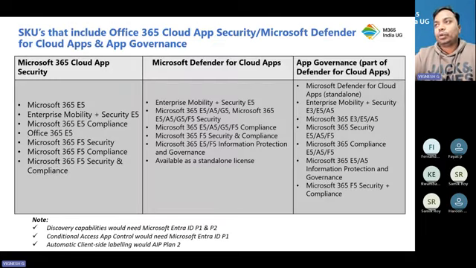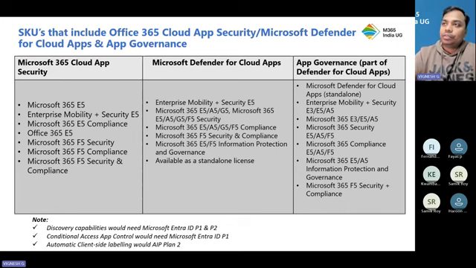Okay, now SKUs. One thing which I want to tell you upfront is there is something called Office 365 Cloud App Security. Then there is something called Microsoft Defender for Cloud Apps. Now your Office 365 Cloud App Security is a subset of Microsoft Defender for Cloud Apps. If I want to just make it simple, Office 365 Cloud App Security is specifically only meant for the Office 365 apps.